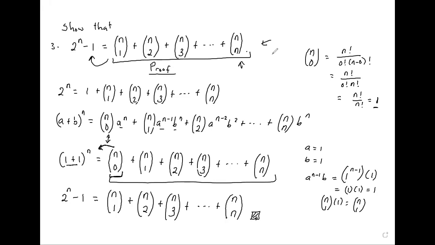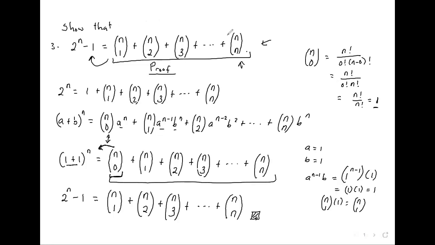So look, you know what the examiner does? After teaching you such a thing, then they will say, show that 2 to the power n minus 2 is equal to n choose 1 plus n choose 2 plus n choose 3, all the way up to n choose n minus 1.